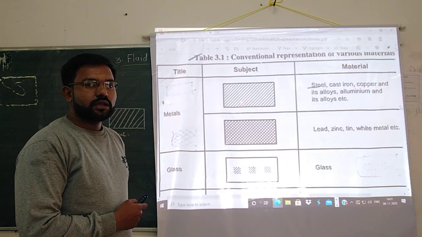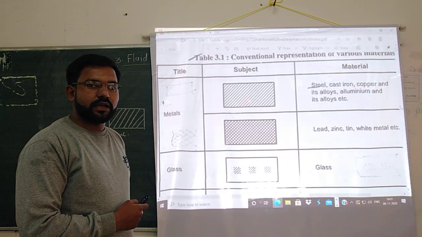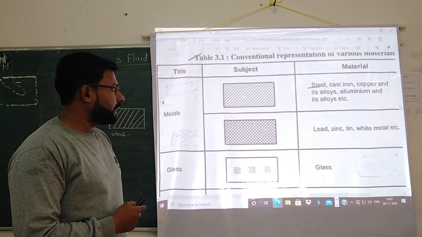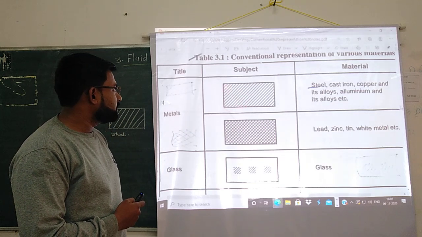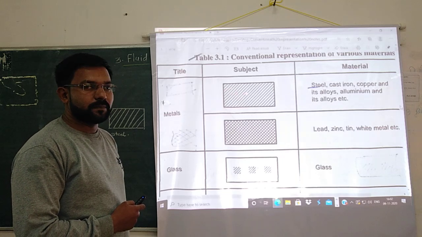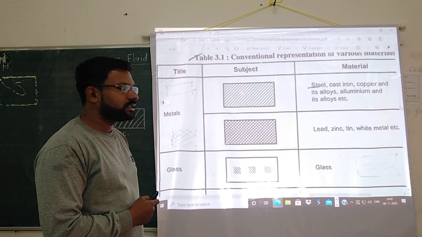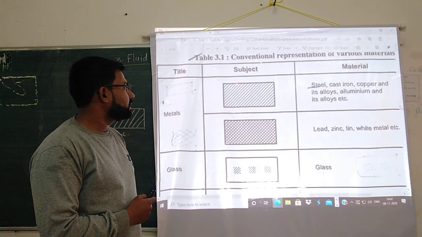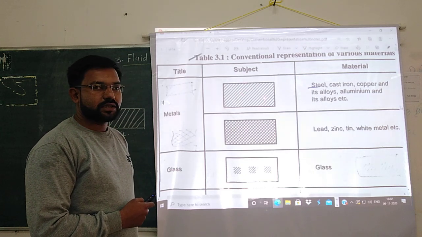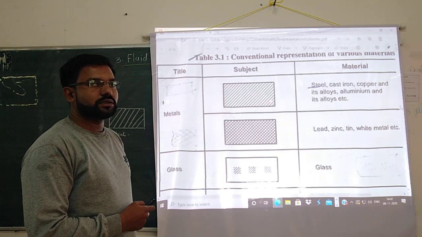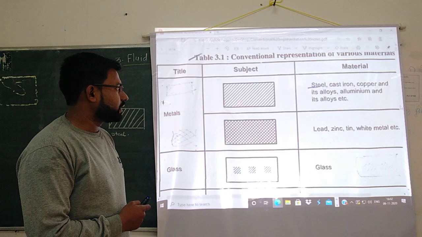The distance between two lines must be the same, approximately 2 to 3 mm. The lines are equispaced, which means the distance between two lines remains constant throughout the rectangle.